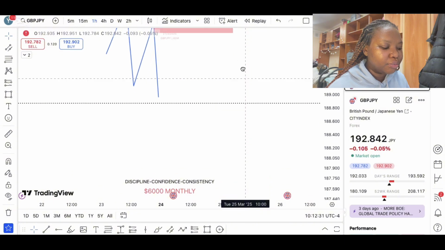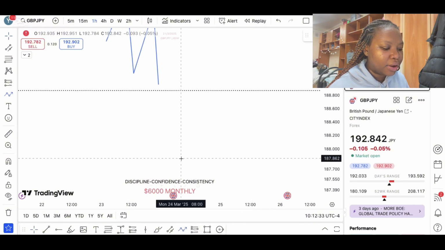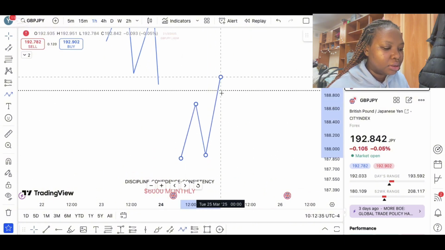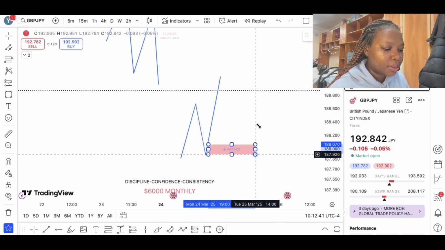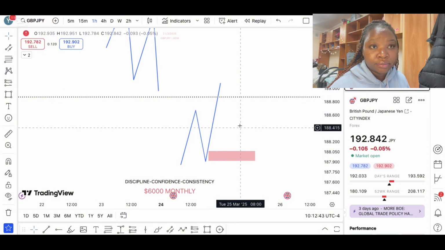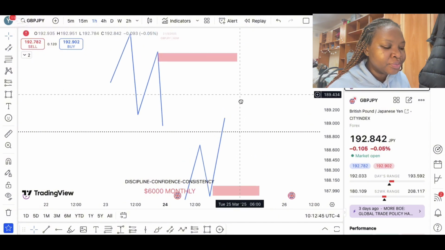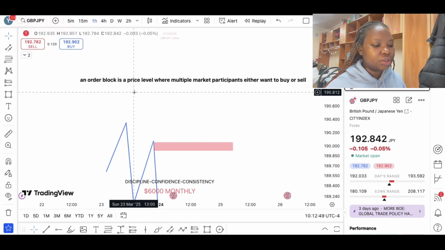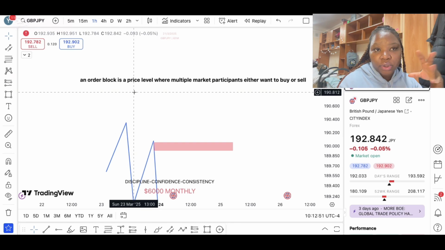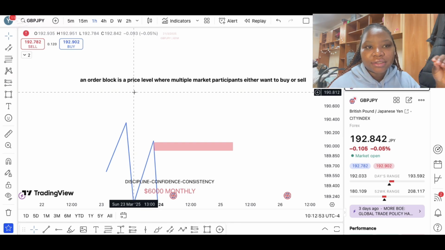Now in the case of a bullish market, we are going to have something like this, and our order block is going to be here. Now an order block, as I said earlier, this is a definition, is a price level where multiple market participants are trying to buy or sell.